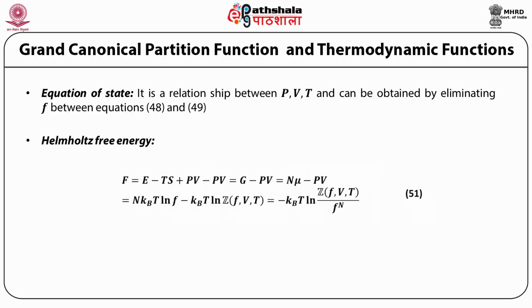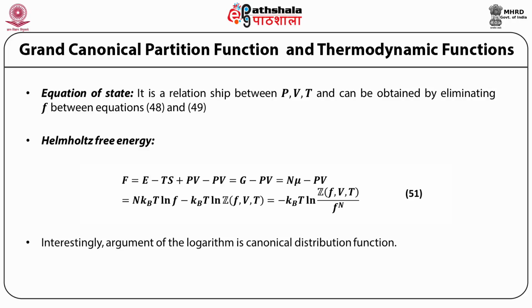The Helmholtz free energy F, equal to E minus TS, can be written as E minus TS plus PV minus PV, which is equal to the Gibbs thermodynamic potential minus PV, which is equal to N mu minus PV, which is equal to N kBT log of F minus kBT log of the partition function, which is equal to minus kBT log of the partition function divided by fugacity raised to the power N. Interestingly, the argument of the logarithm is the canonical distribution function.